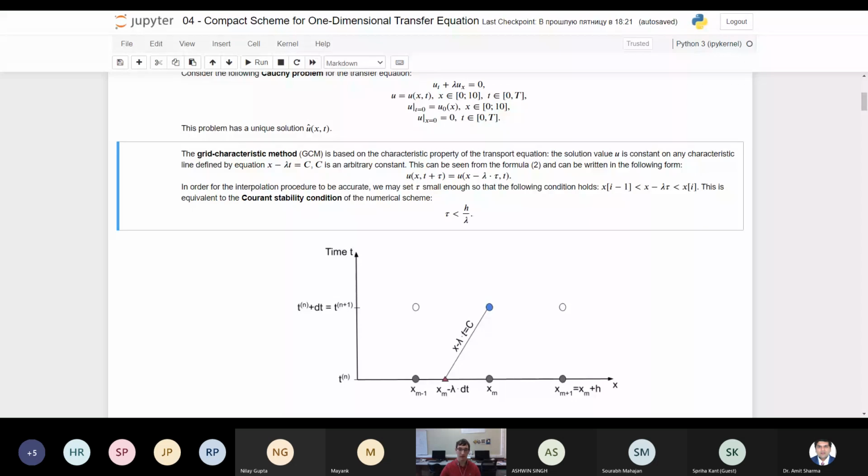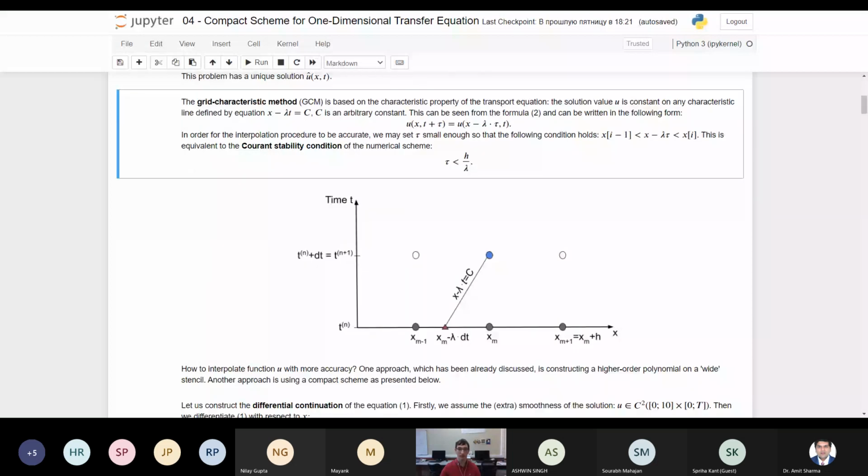And this allows us to reach the following formula. The value of our solution in the current point x at the next time step equals the value of the function in a step near the point in question at the current time step t.